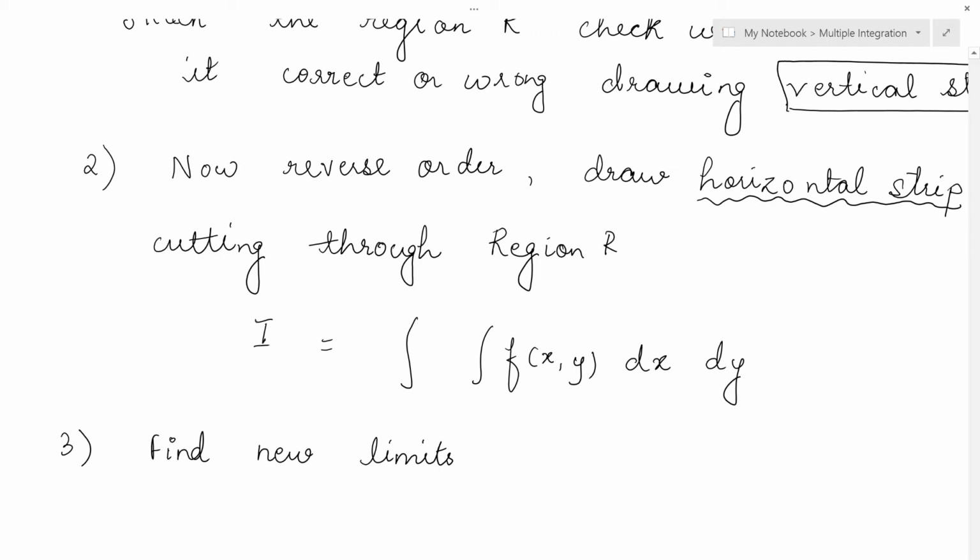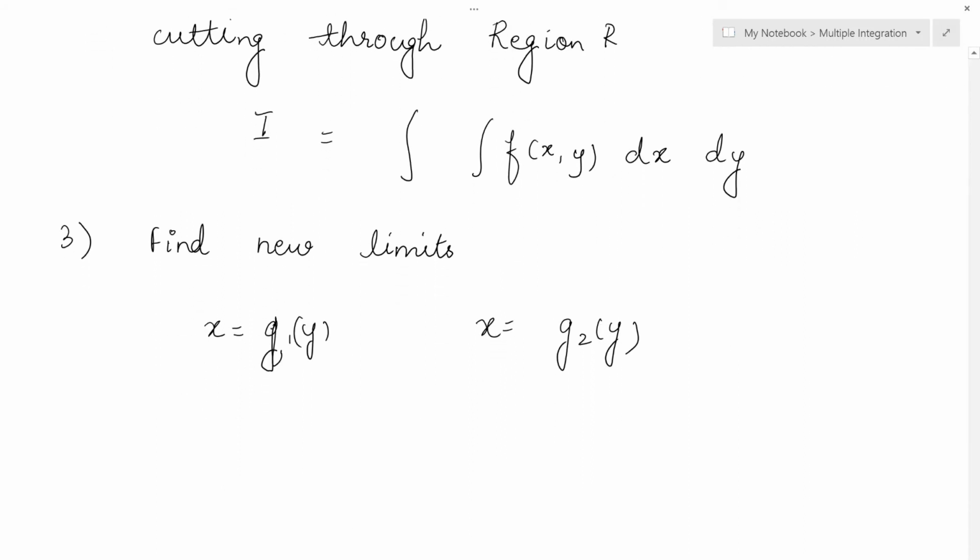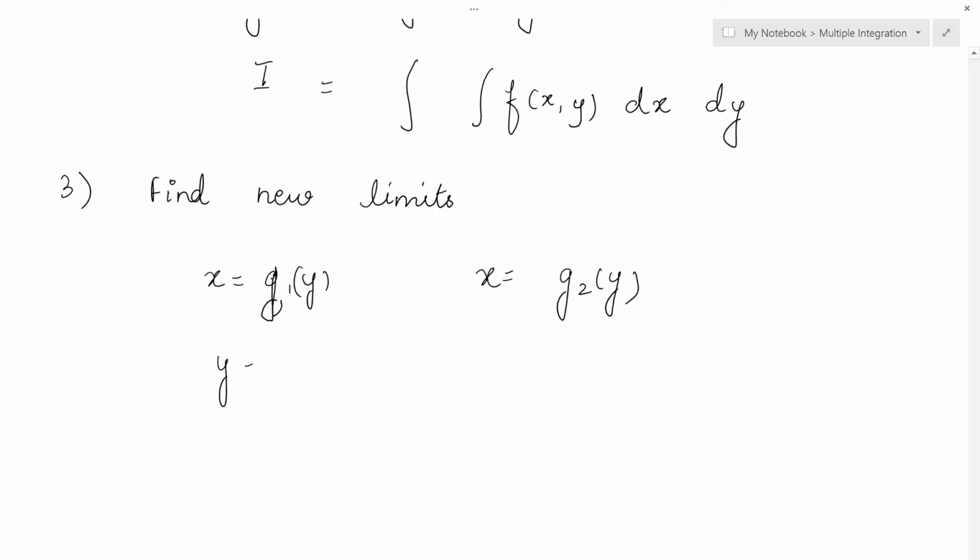You know that the inner limits will be x is equal to some functions g1(y) and x is equal to g2(y). So you have to find the values of x, and y will be constant, some constants c1 and c2.